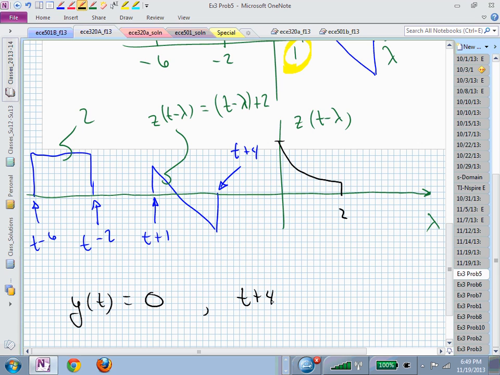When t plus 4 stays to the left of 0, or when t is less than or equal to minus 4. Is that when we said we started to see something shake in the output? Was it t equal minus 4? So now we've just convinced ourselves that up until minus 4 in time, we're not going to see an output due to this input.